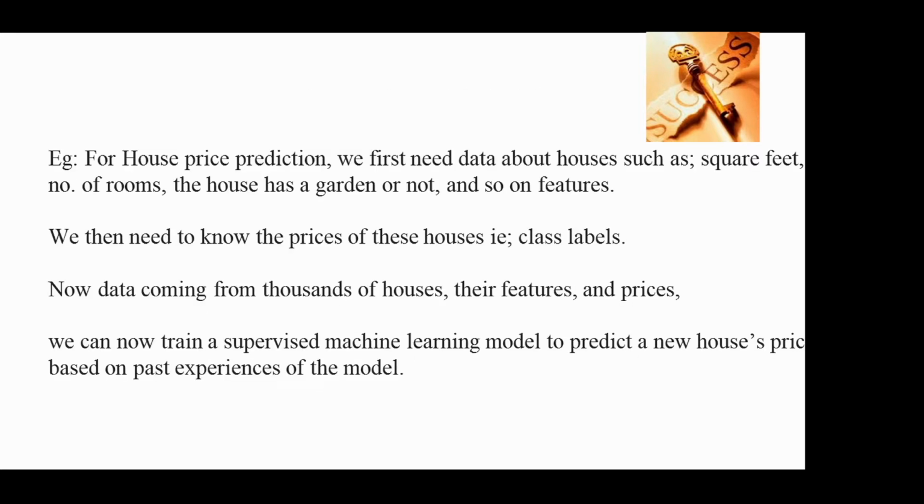For example, an application of supervised learning is house price prediction. For house price prediction, we have to take some features. These features may be the area of your flat, whether the flat in the society has gardens or not, the number of rooms. So these are the features. You have to take a number of features.